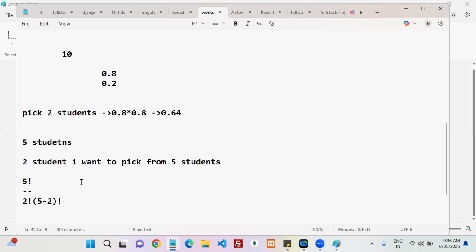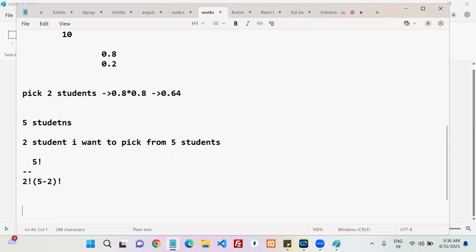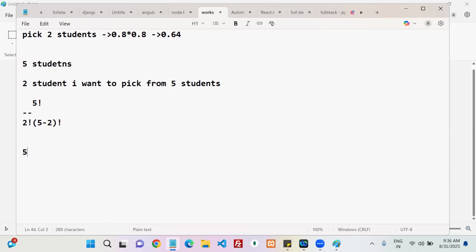Yes or no? This is the formula. So overall how much do you get? 5, 4, next 3 factorial, and 2 factorial is 2 into 1.